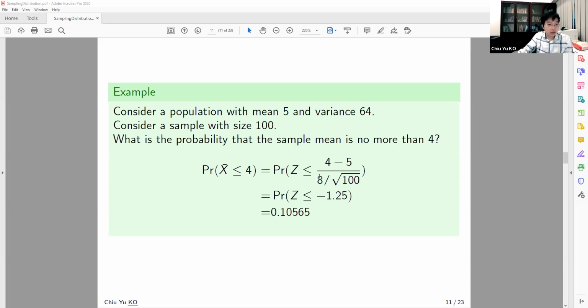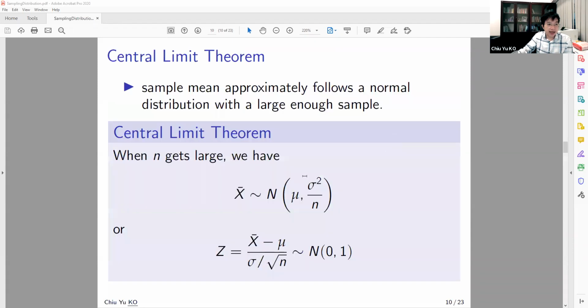And the other question is how big the n is. For application purposes, if n is bigger than 30 or 35, you may use it. That is the rule of thumb.